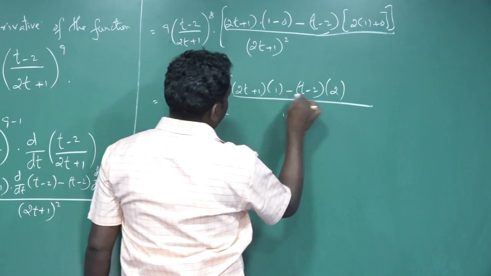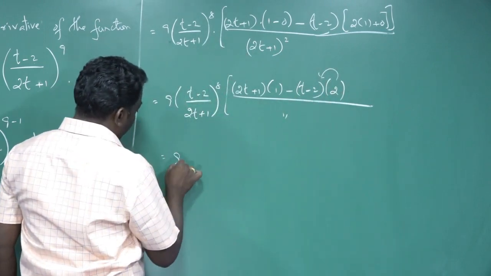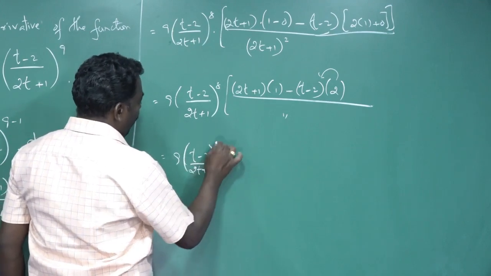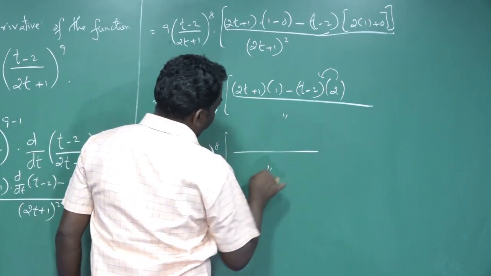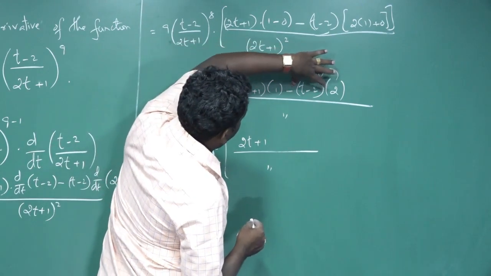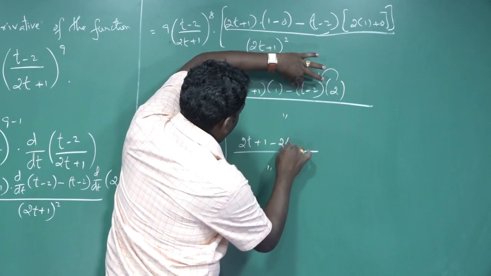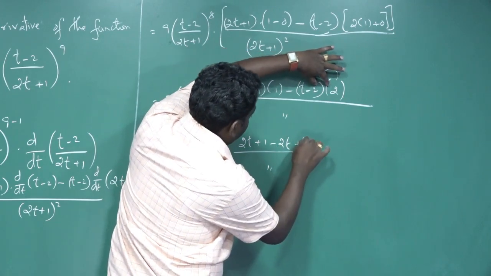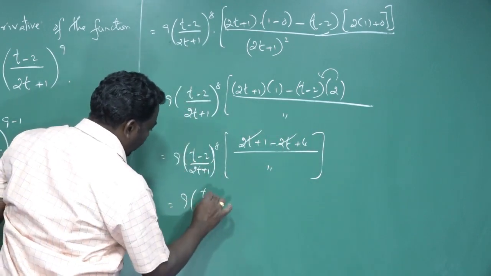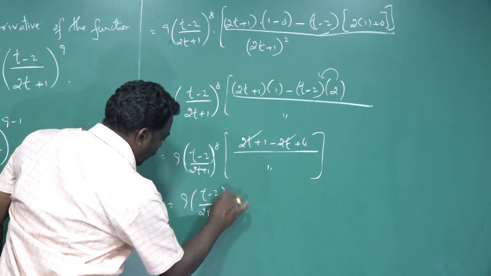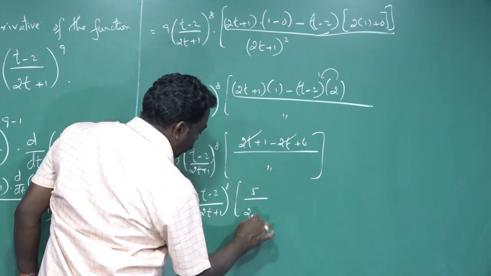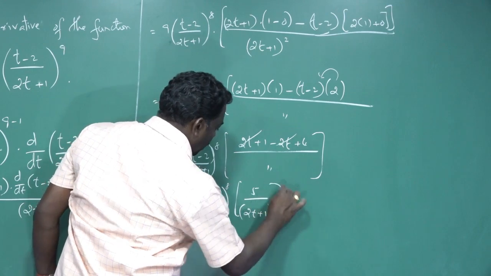Just multiply the terms inside the bracket: that is 9 into ((t minus 2) by (2t plus 1)) whole power 8, and within the bracket it is not the same: 2t plus 1, then multiply minus into plus minus, 2 into t minus 2 gives minus 2t plus 4. Now 2t minus 2t cancel, that is 9 into ((t minus 2) by (2t plus 1)) whole power 8, and the term 5 is remaining, and the denominator (2t plus 1) whole power 2 is remaining.